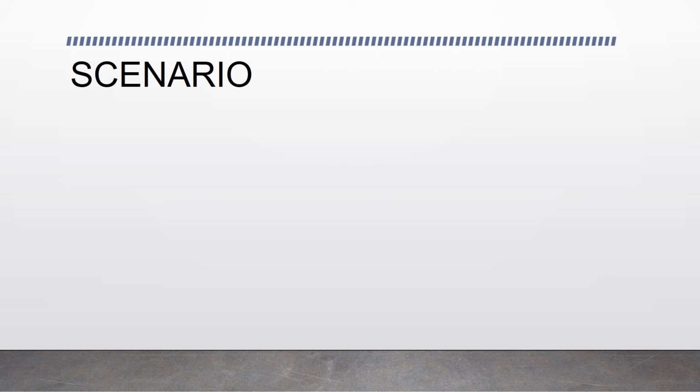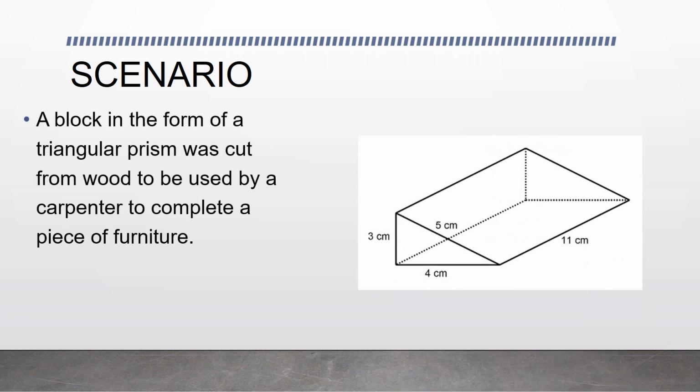Scenario. A block in the form of a triangular prism was cut from wood to be used by a carpenter to complete a piece of furniture. What is the volume of the block?